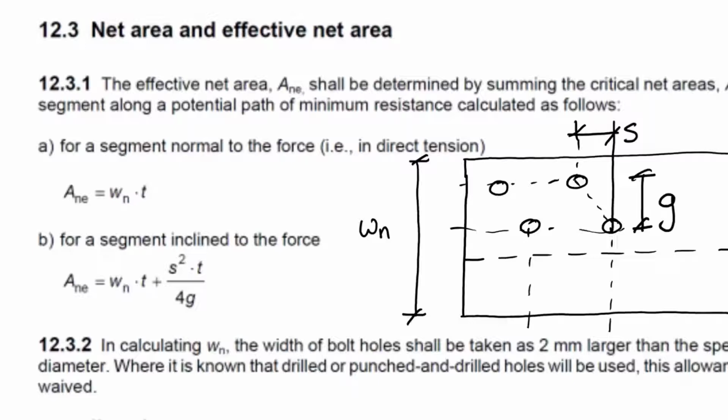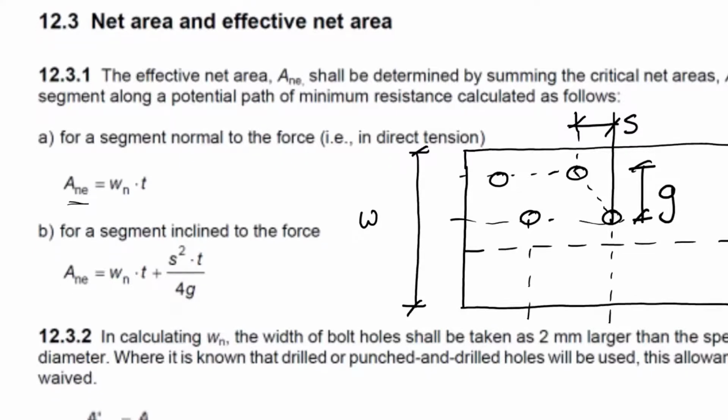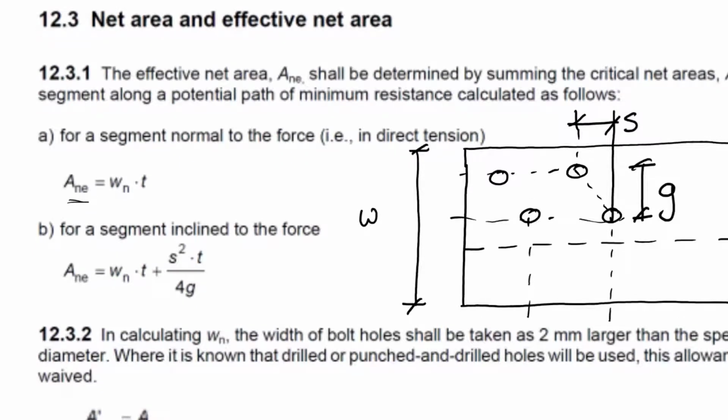And so now, normally your effective area for a segment normal to the force and direct tension is your net area, when you take off the bolt. You would subtract the diameter of the bolts from W. So An of each segment along a potential path of minimum resistance is calculated as follows.